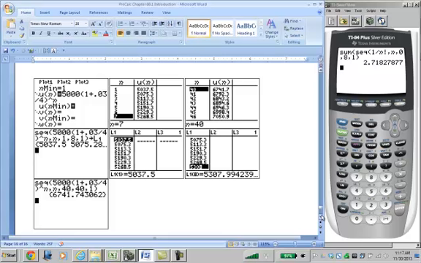Then I scroll down in the table to find it for 10 years, or 40 quarters, which is $6,741.70. Or you could run the sequence command again and just make it 40, 40, 1, and that'll give you just one number, 6741.74. So there are a lot of different ways to do this.